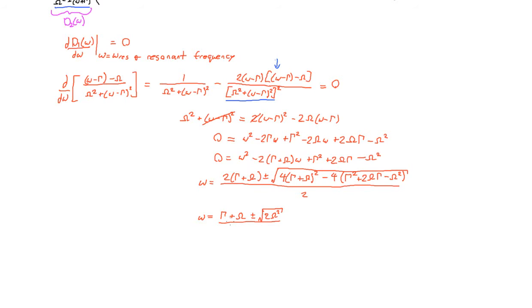So this right here is the resonant frequency. And notice there are actually 2, right? Because we could choose plus or minus. And, you know, if we wanted to simplify it a little bit further, we have that, and then plus minus root 2 omega gamma, and then plus omega, and then 1 plus minus root 2.